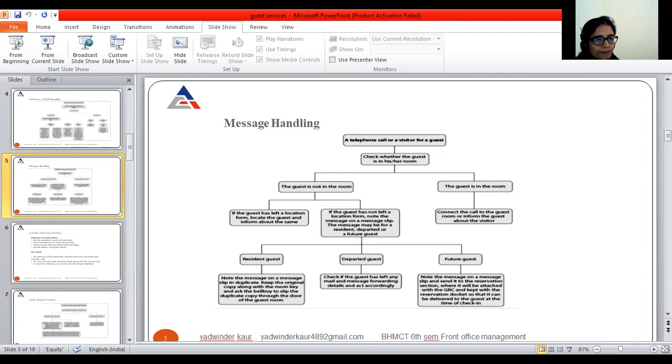Message handling. I'm repeating that one situation is the guest is in the hotel, and the other situation is the guest is not in the hotel or room.